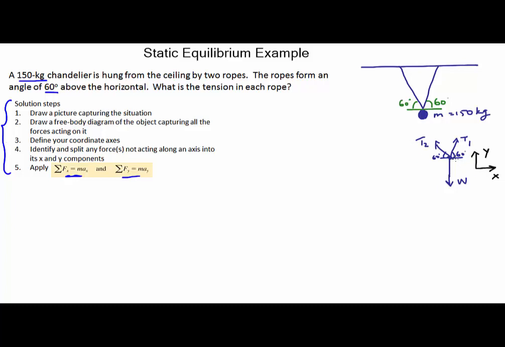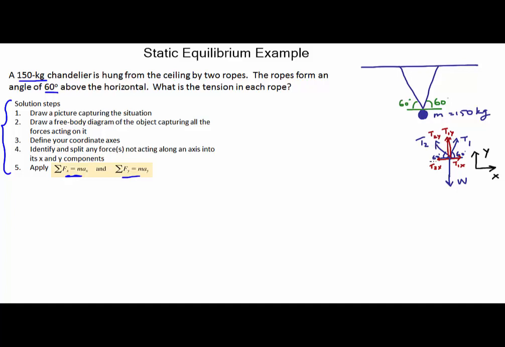So here are the components of T1. I've got T1x over here, and I have T1y over here. And the same for T2. I've got T2x pointing to the left and T2y also pointing to the top. Once we do that, we no longer need T1 and T2.